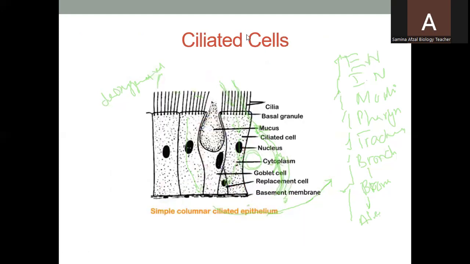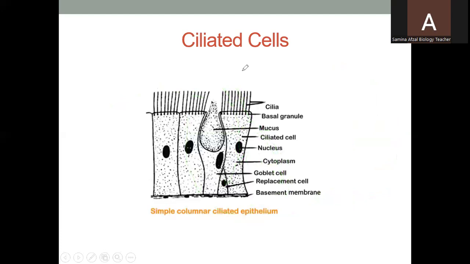Now, the ciliated cells are present inside the inner lining of the respiratory tract. If we see their structure, you can see cilia. These are the hair-like projections which are present on the ciliated cells, so they are called ciliated cells.